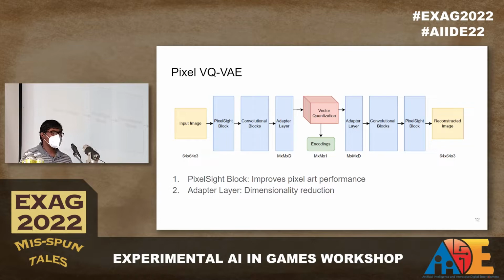Historically, these convolutional layers have been used for downsizing and dimensionality reduction. Whereas in our case, this is helpful because 1x1 convolutions look at each individual pixel, and that's exactly what we want. Now, the adapter layer is mainly due to a quirk of the VQ-VAE, which I go into a bit more detail in the paper because it's a bit complicated to explain.